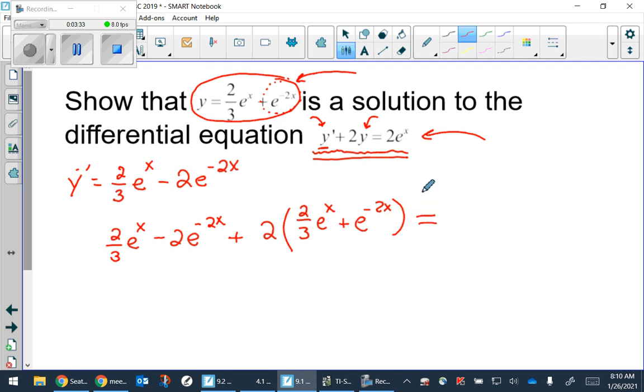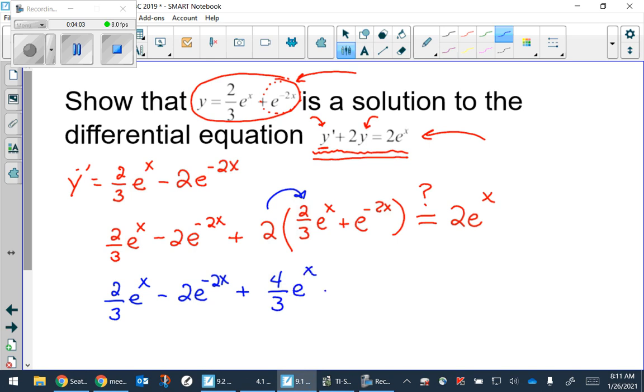Is that indeed equal to 2 e to the x? Well, that's what we've got to show, and we've got to show our work to make sure that it is indeed true. 2/3 e to the x minus 2 e to the negative 2x plus, now I'll distribute my 2 and get 4/3 e to the x plus 2 e to the negative 2x. Is that indeed equal to 2 e to the x?